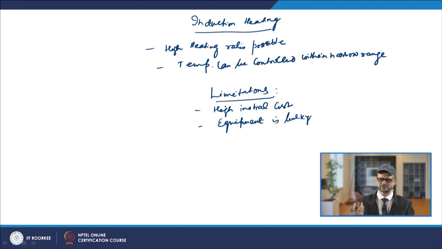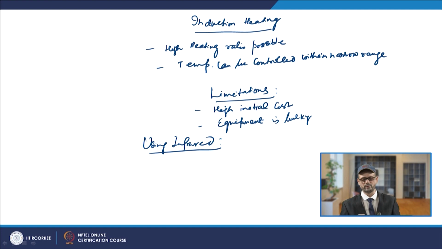The other method is the gas flame, or infrared heating. Using infrared means is economical, since these use economical fuel, and in this case you do not require insulation in the area to be heated.